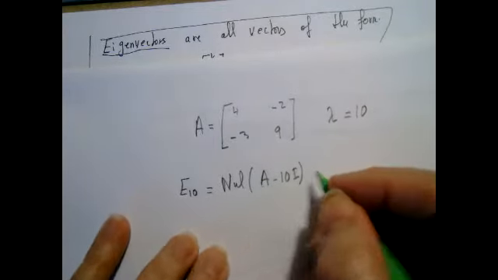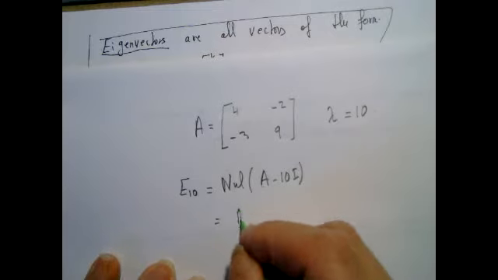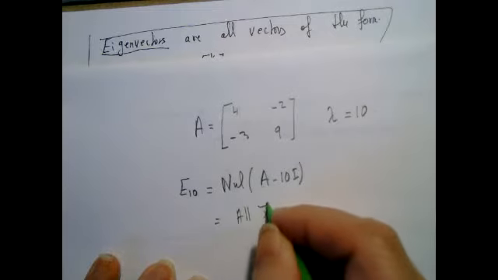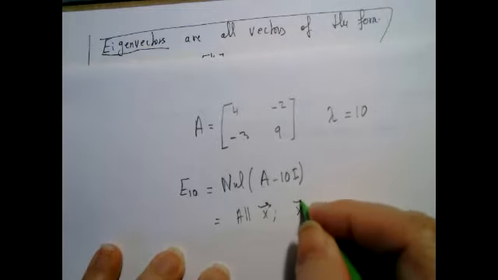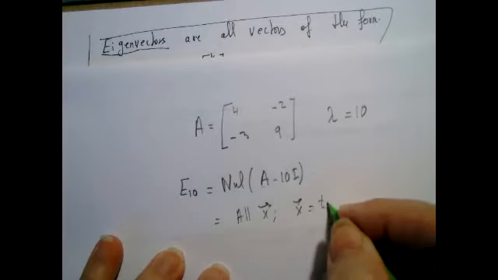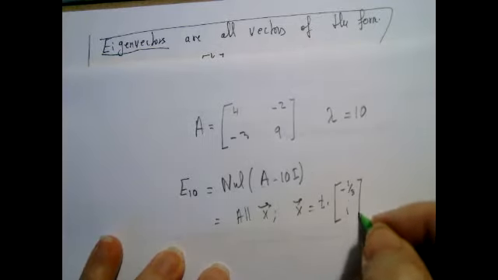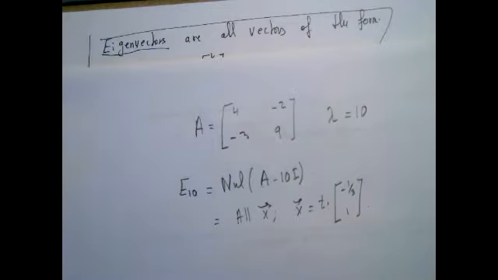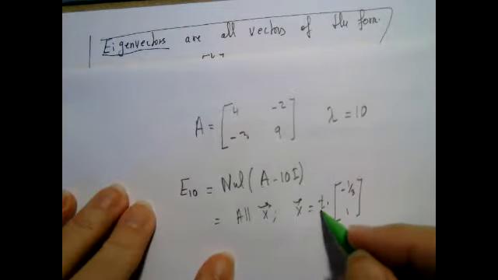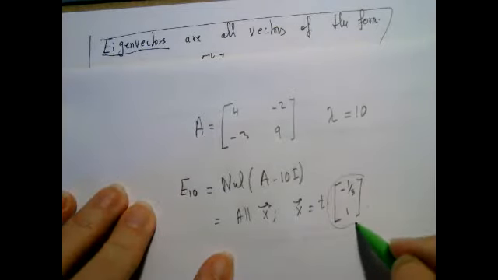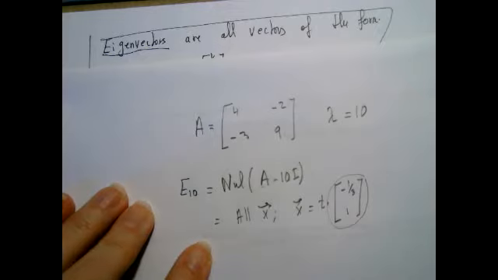So it means in my previous problem, all vectors x such that x is a certain scalar times the vector minus a third, 1. That means E10 is nothing more than all scalar multiples of the vector minus a third, 1.